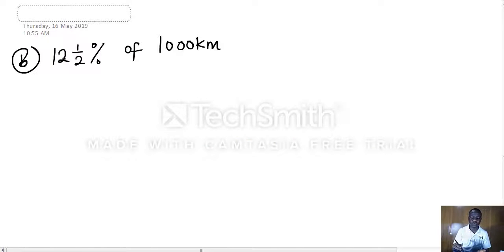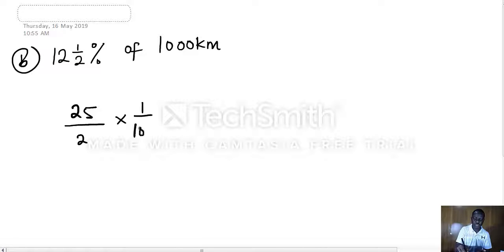So analytically, we express 12.5% as a fraction, and 12.5% is 12 times 2 is 24 plus 1, 25. So this can be simplified to be 25 divided by 2. Percentage means times 1 over 100 of 1,000, which is times 1,000 over 1.